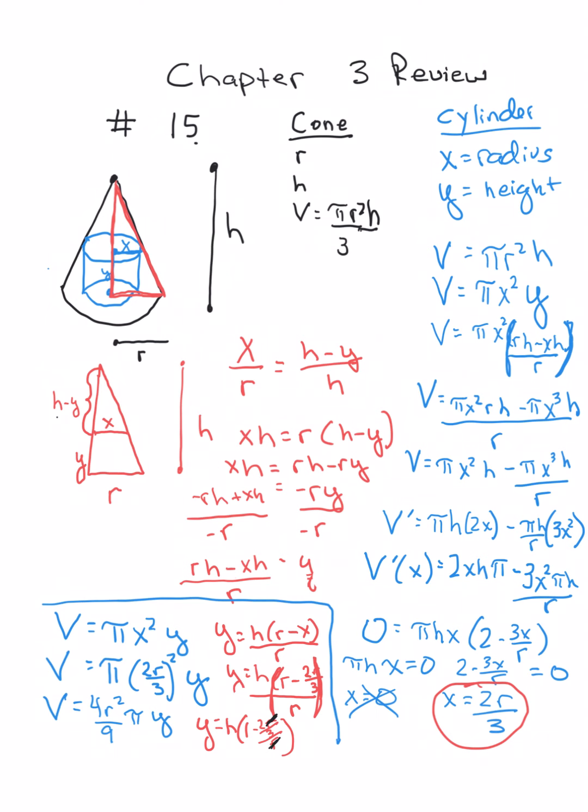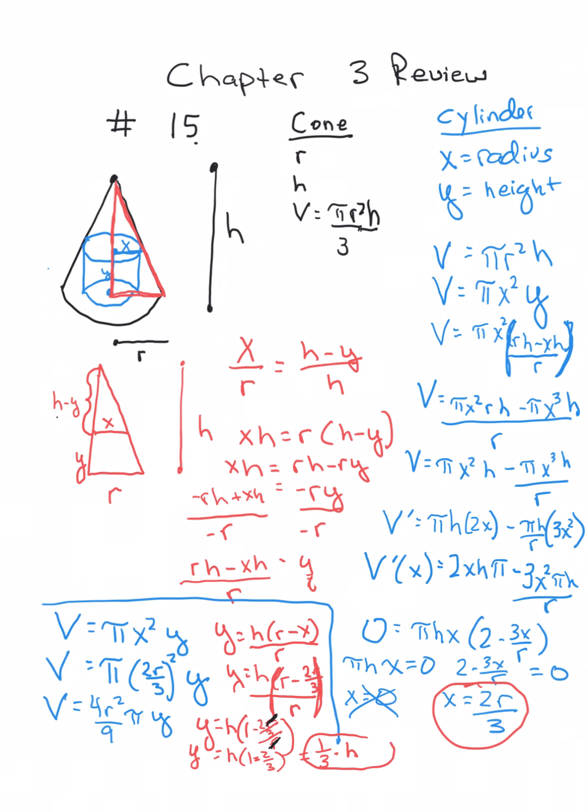So we're left with 1 minus 2/3 inside the parentheses. Go ahead and pause the video if you're having trouble seeing that. So in other words, we're left with y equals h times 1 minus 2/3, which is the same as 1/3 times h, because 1 minus 2/3 is 1/3.